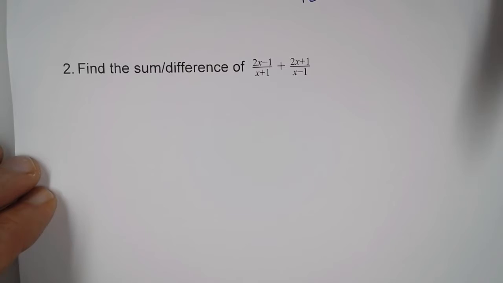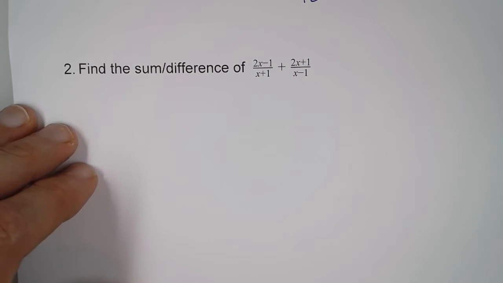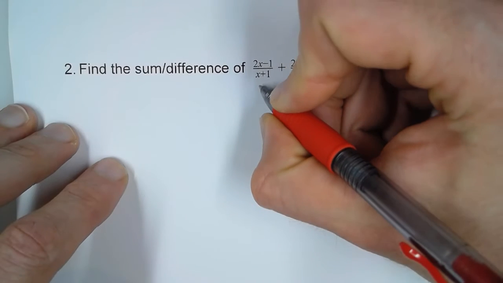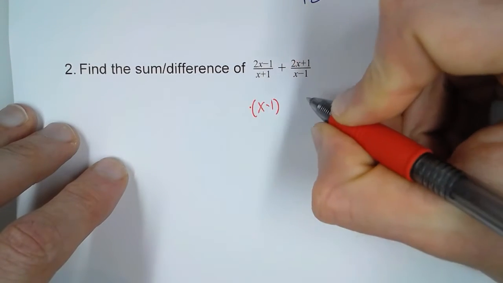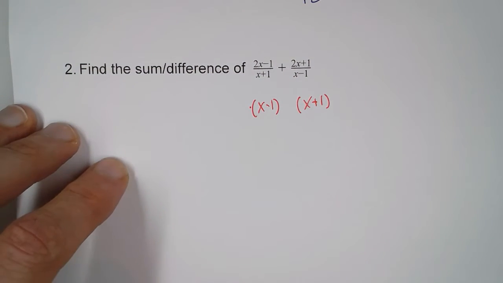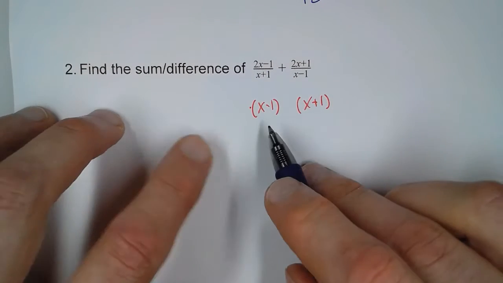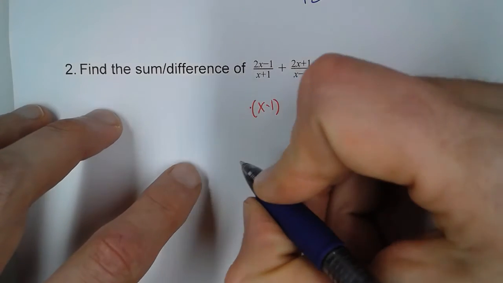For number 2, our two denominators are x plus 1 and x minus 1. So that means we need to multiply this fraction by x minus 1 and this fraction by x plus 1. Now, when you do this with algebraic expressions, you want to leave the denominator in factored form.